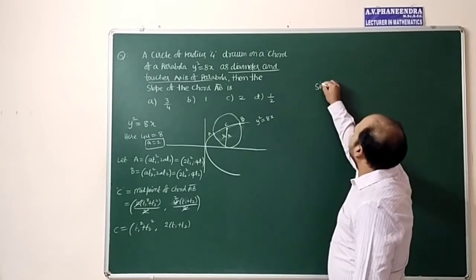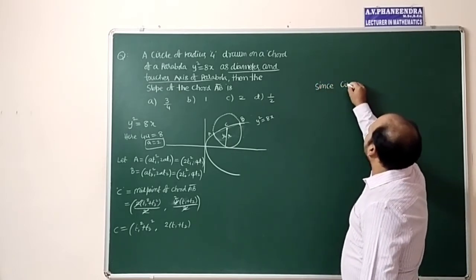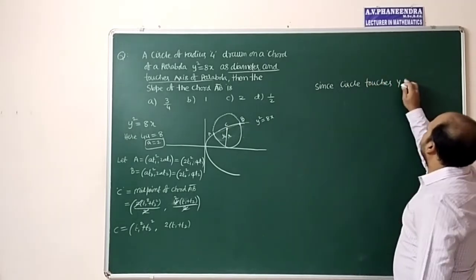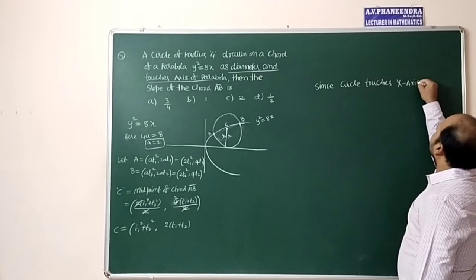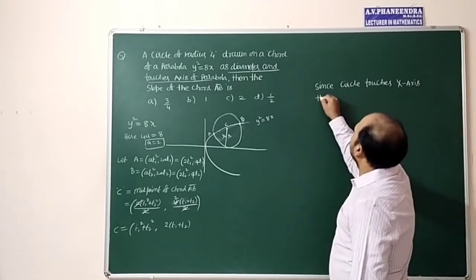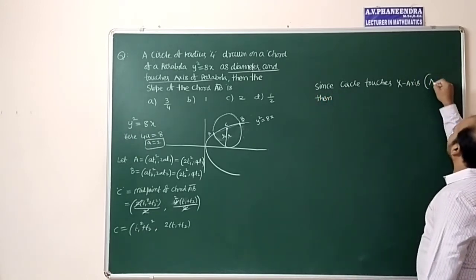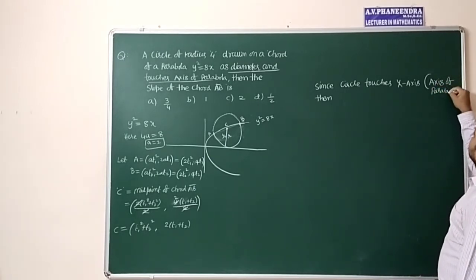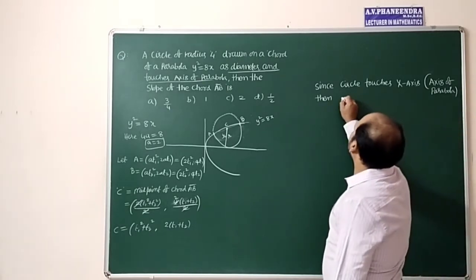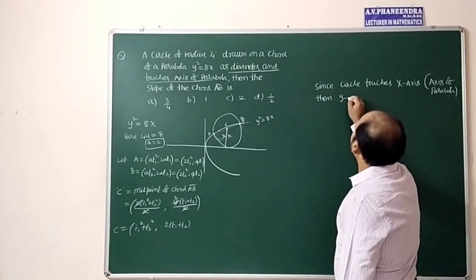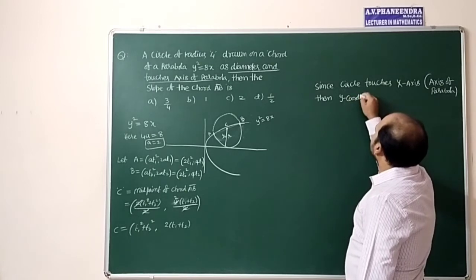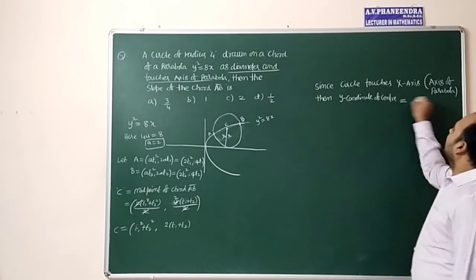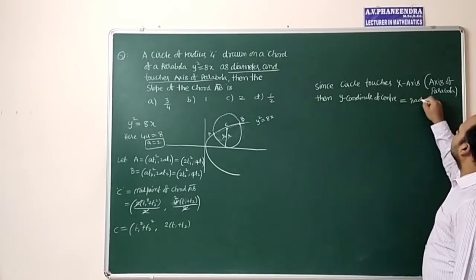Since the circle touches the x-axis, and the x-axis here is the axis of the parabola, the y coordinate of the center is equal to the radius.